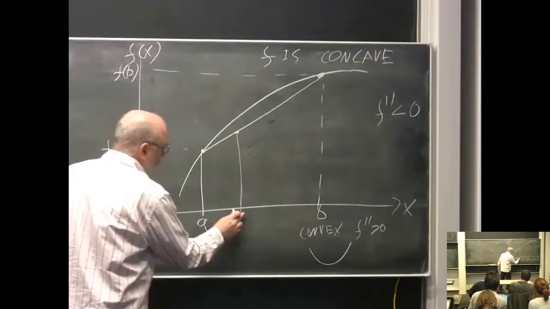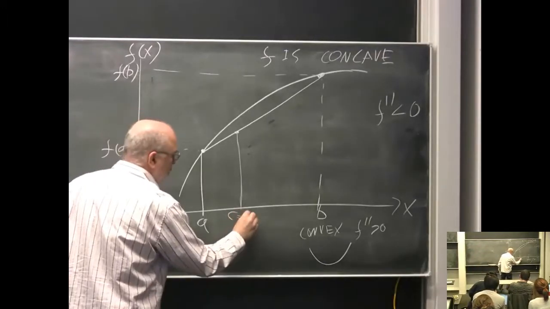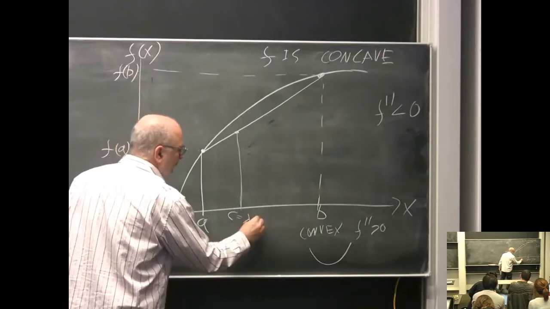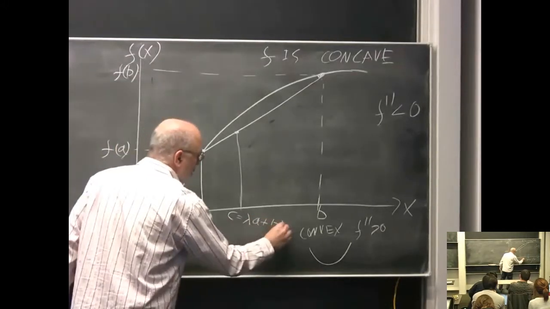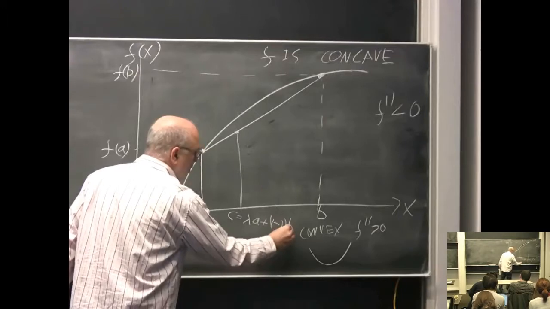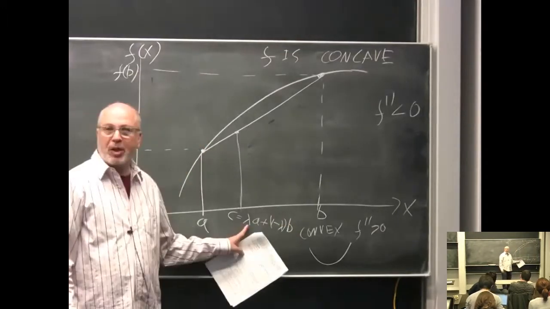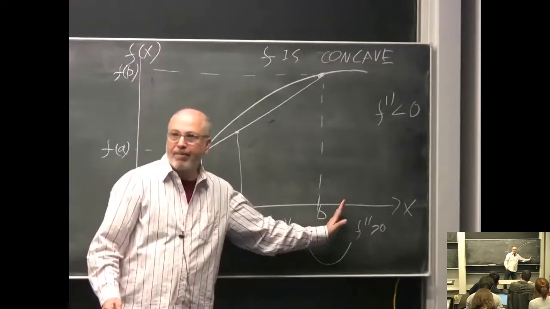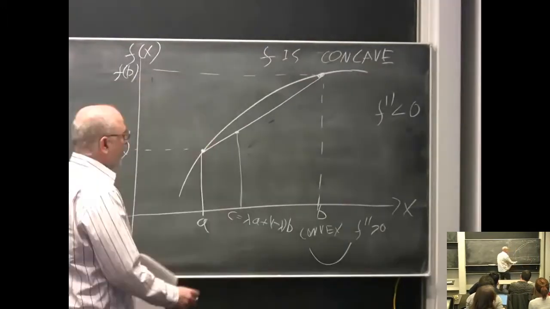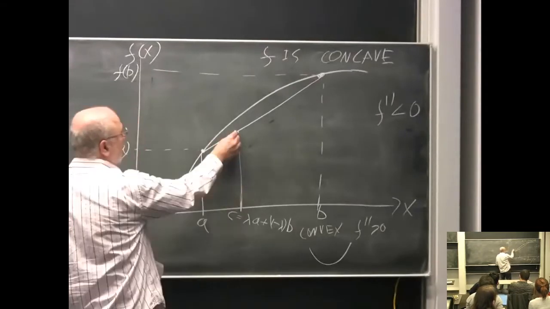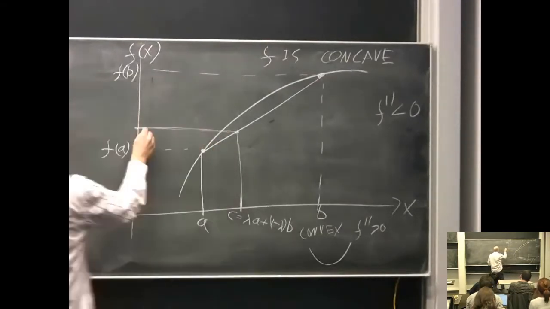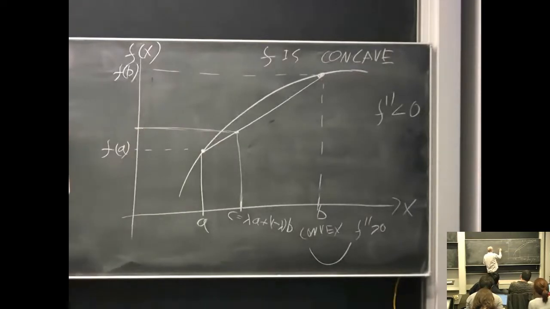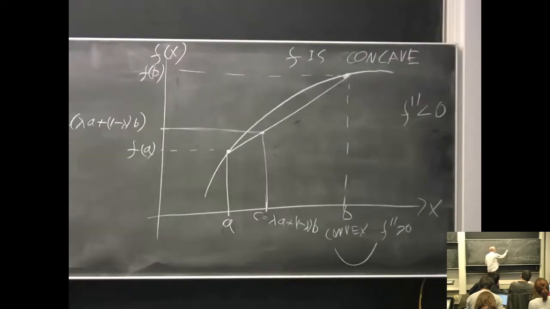So maybe it's c, and it's equal to lambda a plus 1 minus lambda b. So as we vary lambda between 0 and 1, we move that point from a to b. Okay? That's this point. And then this point is f of lambda a plus 1 minus lambda b.